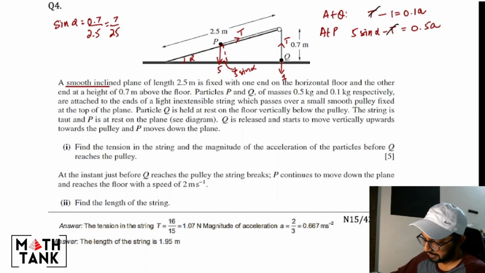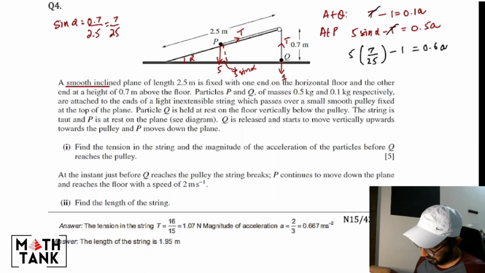The tensions cancel out. I get 5 sine alpha minus 1 equals, I'm going to write sine alpha as 7 over 25, minus 1 equals 0.6A. Let's see if we get the correct answer. Acceleration is 2 over 3.